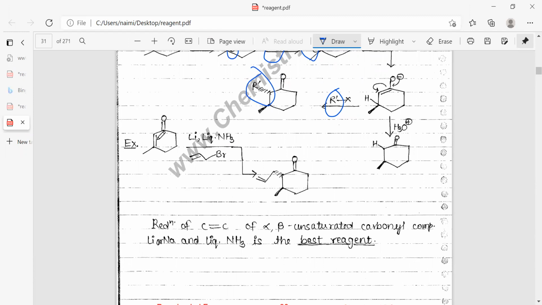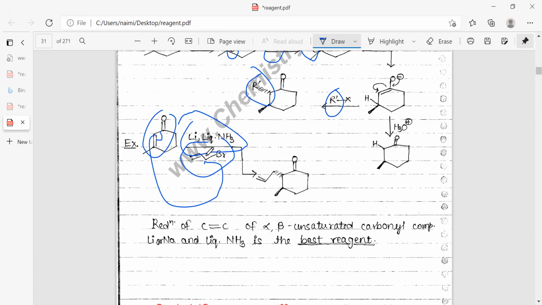If you compare, there is another example you can see here. In this carbonyl group, if you add lithium in liquid ammonia, first of all the charge will be migrated. After the reversal of this double bond, the electron density will shift and attack from this CBr.